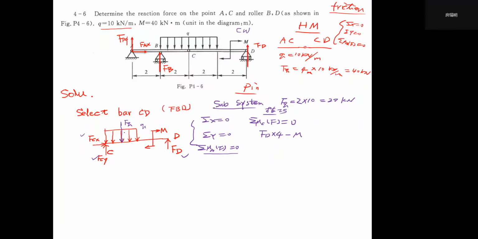Then FQ: the distance from this point to this point is 1 meter, and it will have a CW moment about point C, so we minus FQ times 1 equals 0. Can you guys understand this equation?